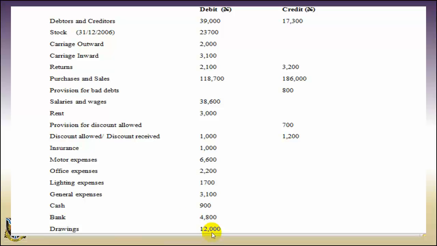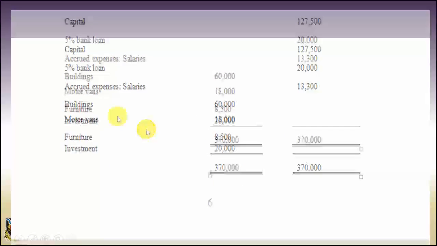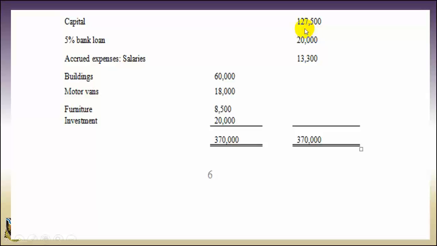Drawings, debit 12,000 naira. Capital, credit 127,500. 5% bank loan, credit 20,000. Accrued expenses, salaries, credit 13,300. Buildings, debit 60,000.